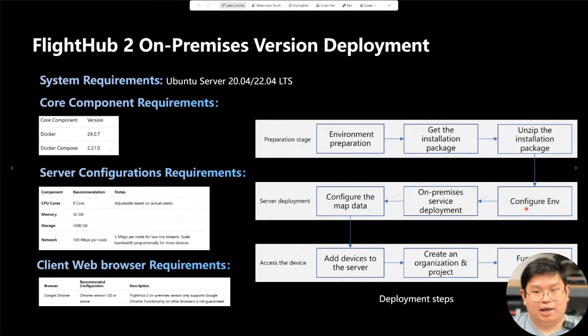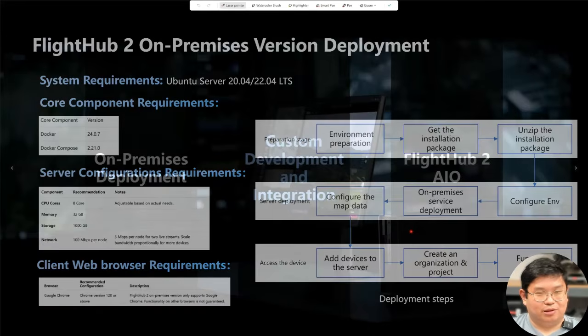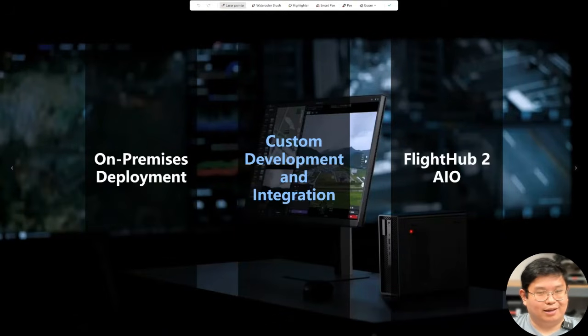Once you have that, you can start the on-premises service deployment and installation. After that, import your map data and elevation data, so you now have a map layer and elevation layer to reference. Then add the device to the server, create an organization and project in the on-premises environment, and you're ready to go. So that is a very brief walkthrough of the deployment process.